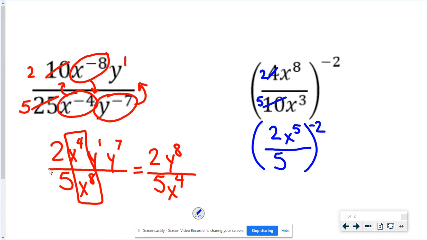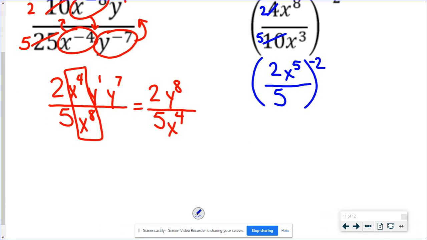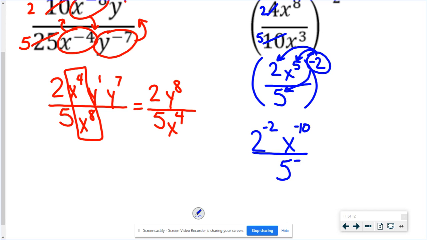That -2 exponent is going to distribute onto everything in the numerator and in the denominator. That parenthesis says everybody gets that exponent. So this exponent goes onto the 2, and onto the x to the 5th, and onto the 5. So I'll have 2 to the -2 power, x to the power to a power we multiplied, and 5 to the -2.